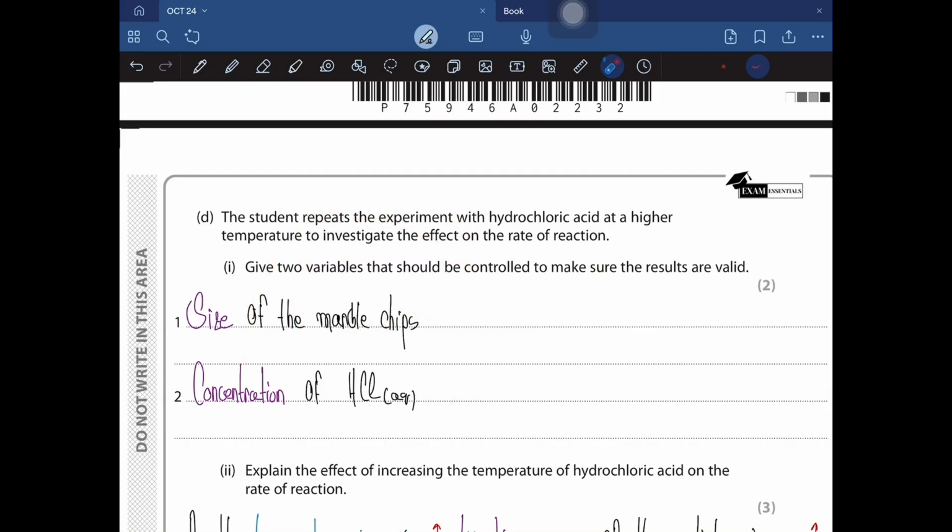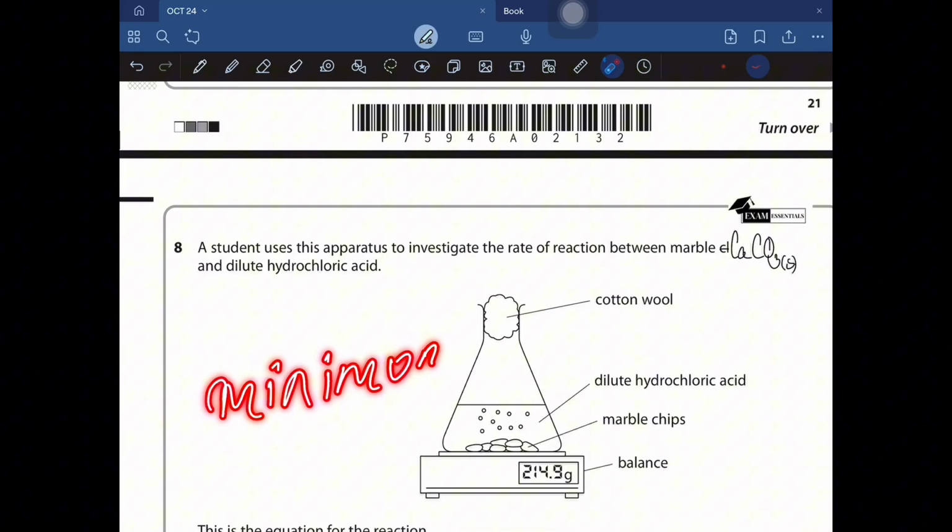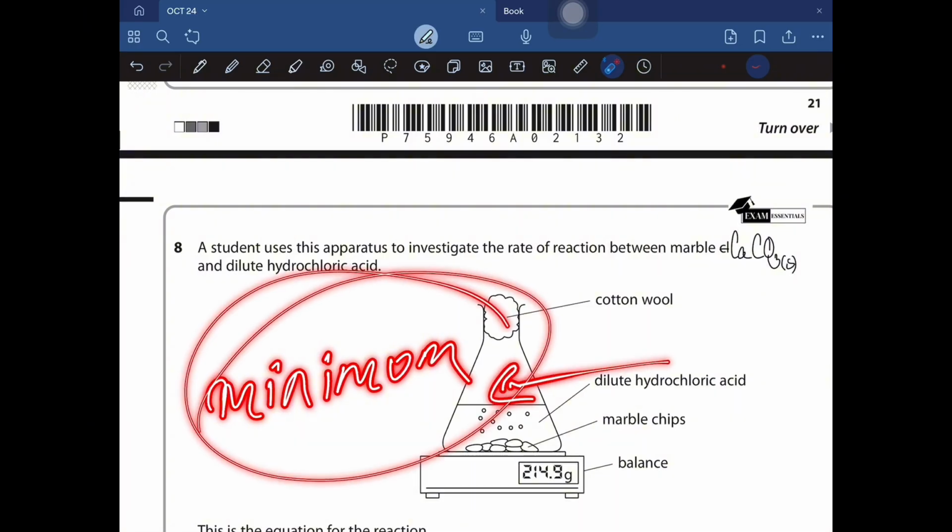Explain the effects of increasing temperature of hydrochloric acid on the rate of reaction, right? So basically, whenever the temperature increases, the kinetic energy of the particles in the reaction increases as well, right? And also, as the temperature increases, a greater proportion of the particles have the minimum energy to react, right?